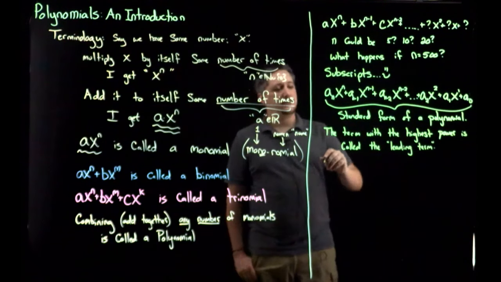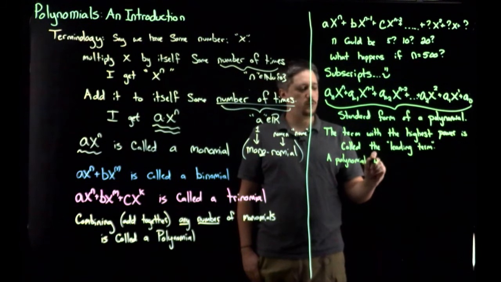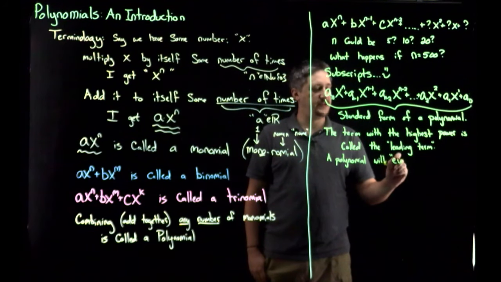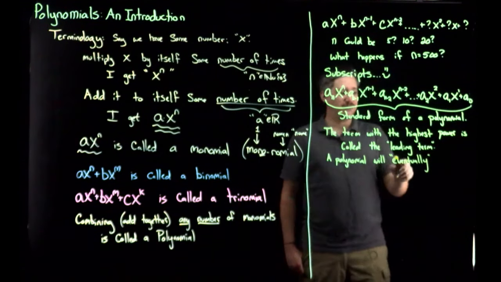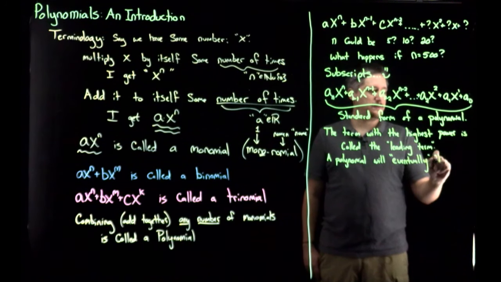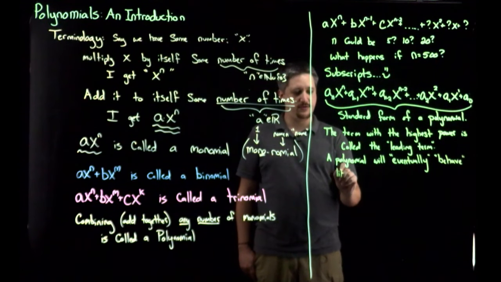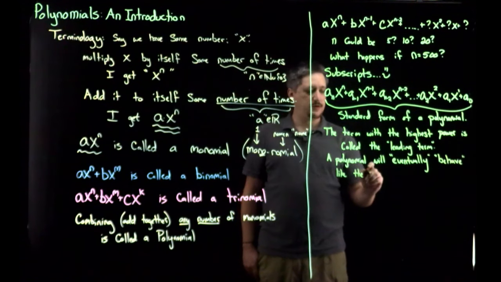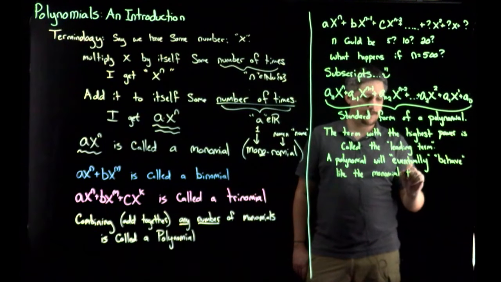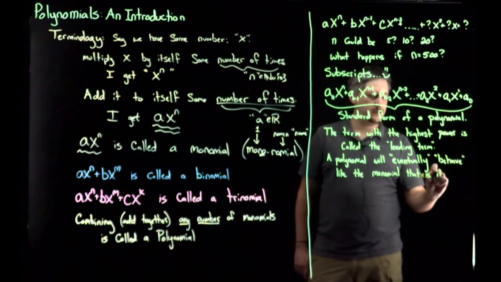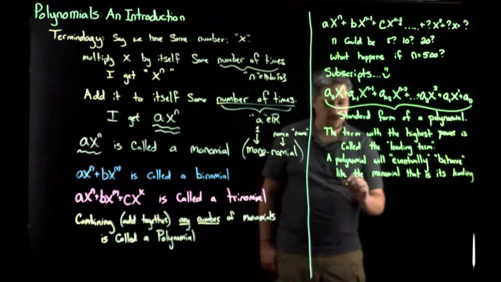And in fact, a polynomial will, and I'm going to put this in quotes here, eventually, it's one of those not very precise terms, which I'll explain in a second, will eventually behave, another not precise term, like the monomial that is its leading term.